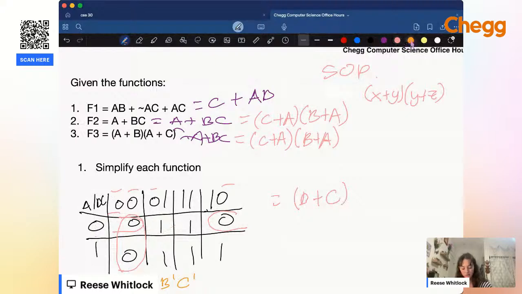And then for our second rectangle, our common factors are A is false and C is false. So again, we're inverting that. So it's going to be A or C. And that's our sum of products for this first one.